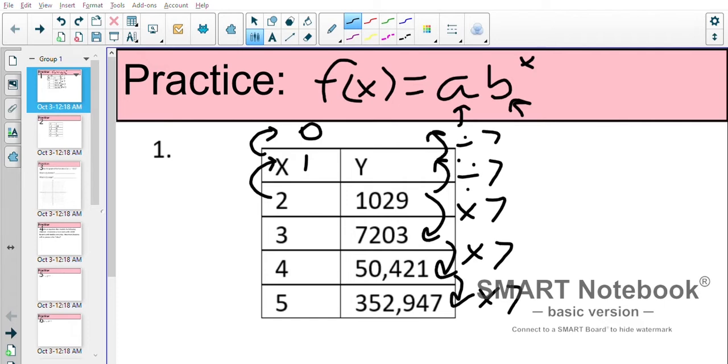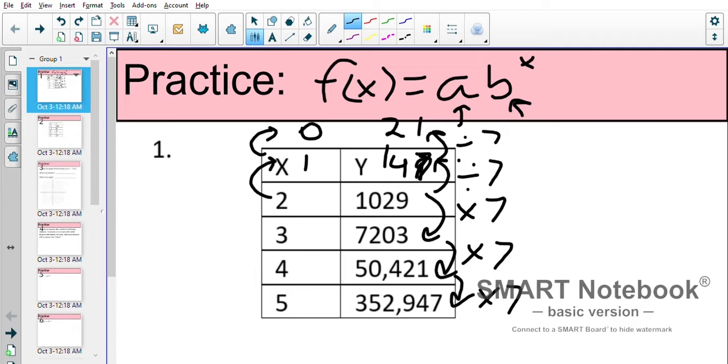So if I divide 1029 divided by 7, that gives us 147. Then divide that by 7 again, and we get 21. So 147 and 21 for those two values. Or 147, excuse me, 147 right here.